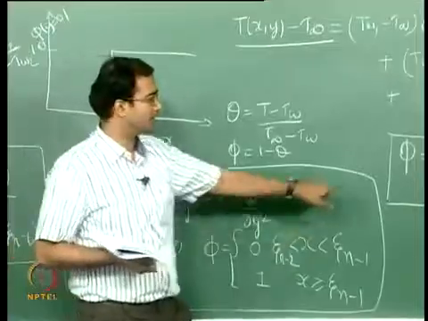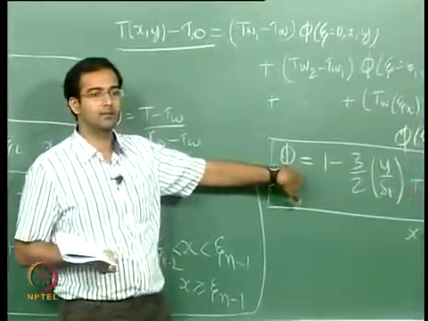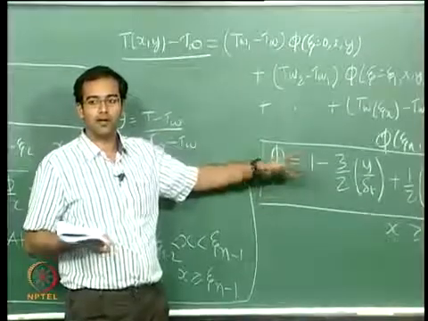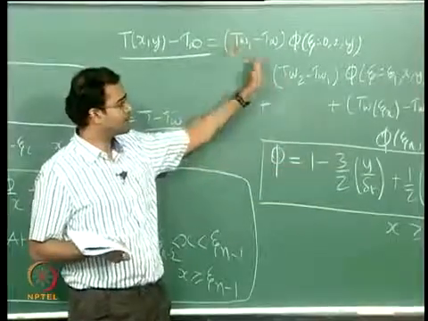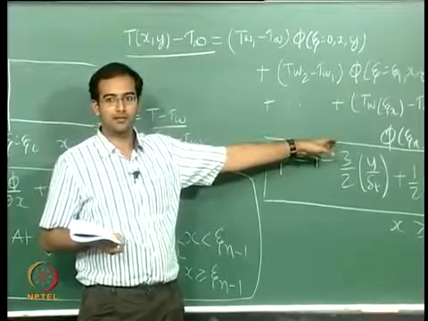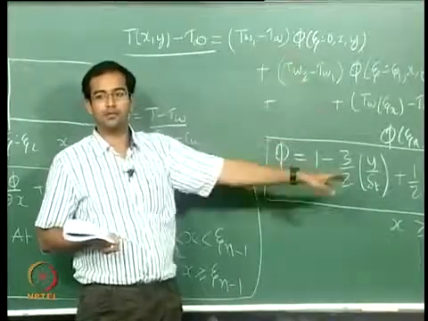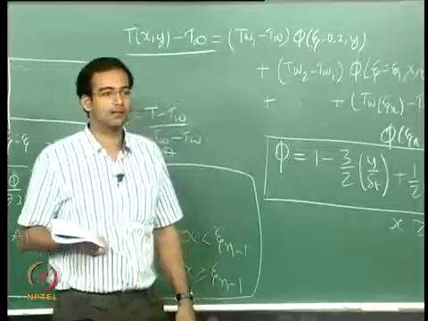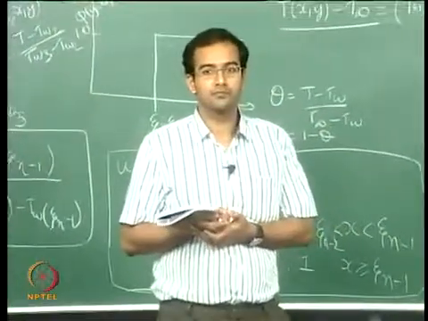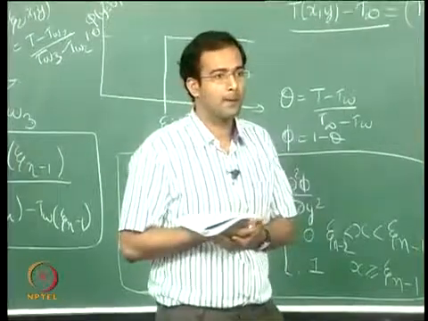This is the profile in the thermal boundary layer. Now I already know the solution, so the only thing I have to do is linearly combine all the solutions. How do you know that this way of superposing the solutions is correct? How do you verify that?